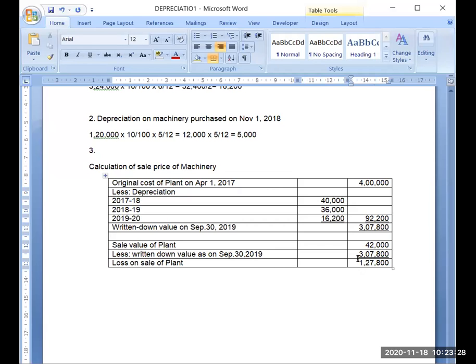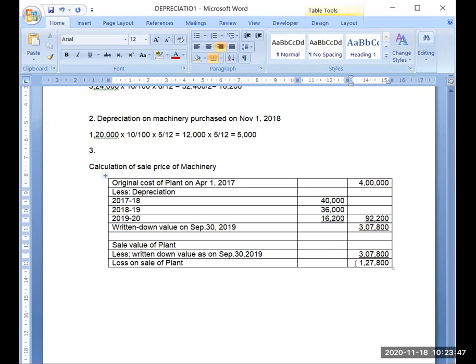So obviously if we will add these two, out of this 3 lakh 7,800, we will deduct this 1 lakh 27,800.